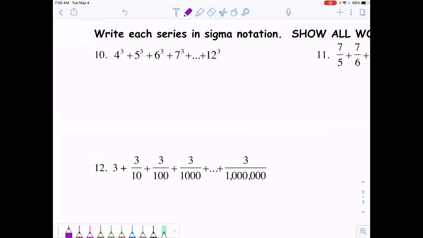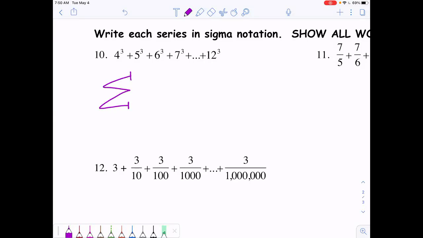Are you adding or subtracting the same number? Are you multiplying or dividing the same number? No, because you're cubing these numbers. So this would be a series that isn't arithmetic and it's not geometric. But we can still write it in sigma notation because it still has a pattern.